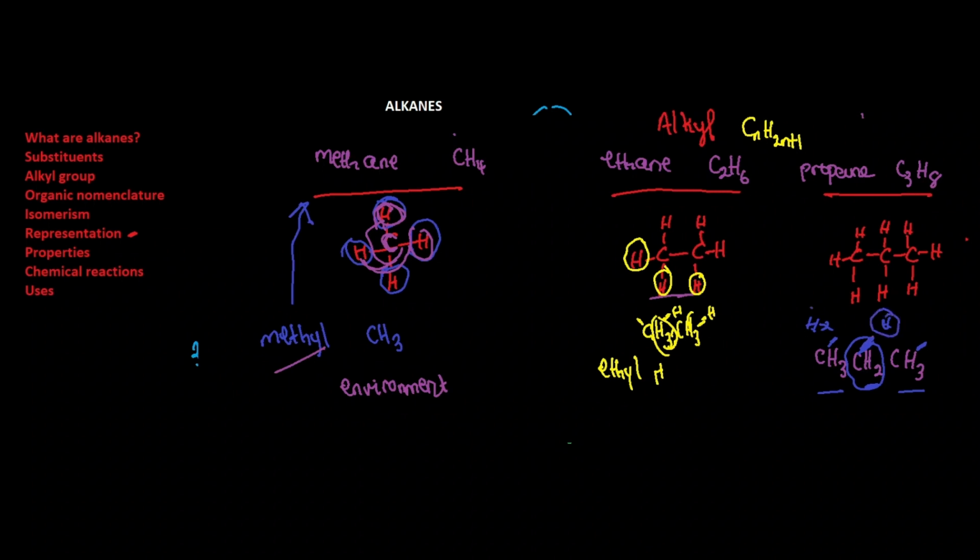So this hydrogen is coming from a different environment as compared to these two, meaning that if we remove the hydrogen from this environment, we would form a different alkyl as compared to if we were to remove it from here or here.